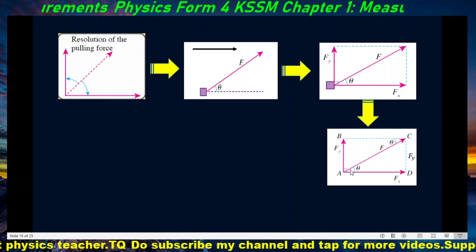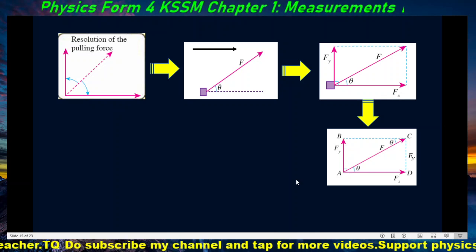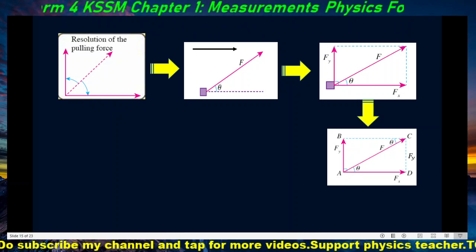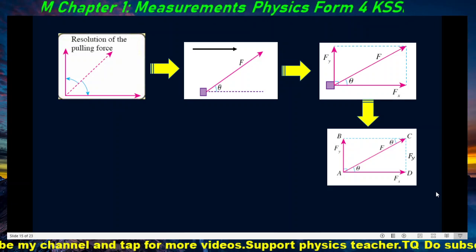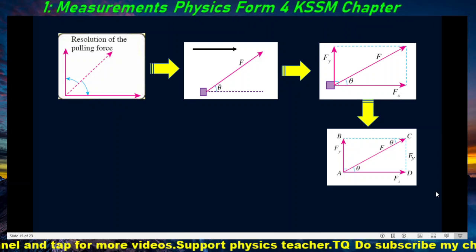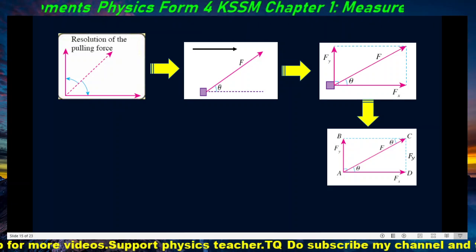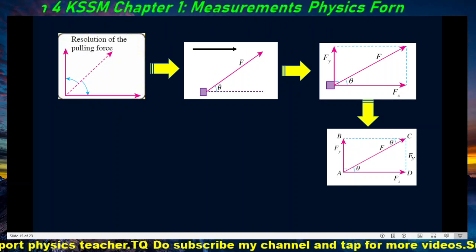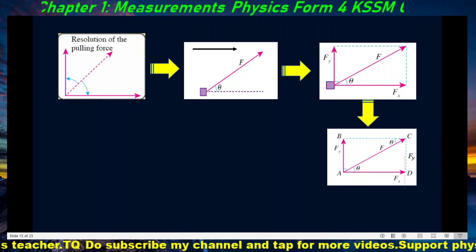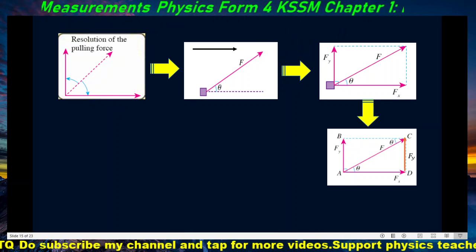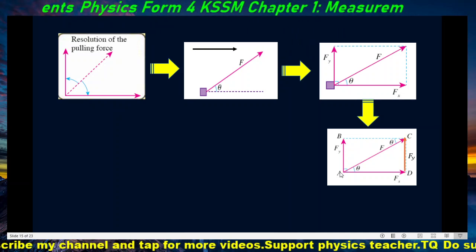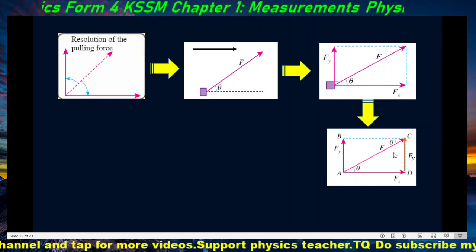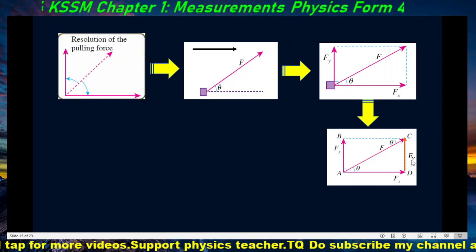Okay, now we want to find the value of Fx and Fy. I'm going to use a mathematical operation, trigonometry, to find the value of Fx and Fy. We draw a vector triangle. We form this one, a right angle triangle. This side is Fy.